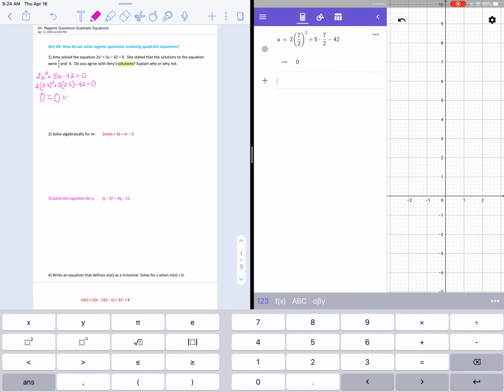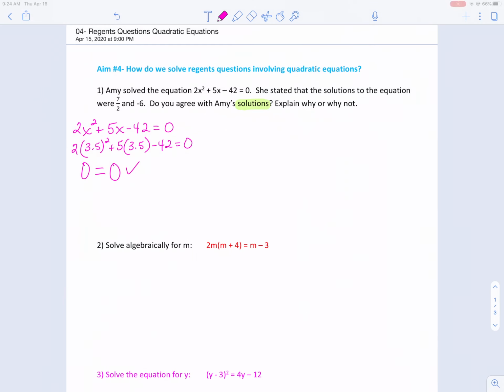0 equals 0. And then I can do it one more time with negative 6. I could show that 2x squared plus 5x minus 42 equals 0, and I could plug in my solution of negative 6 every time I see an x.